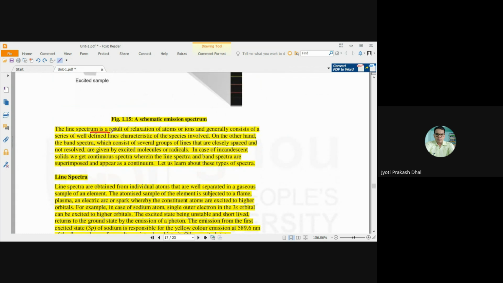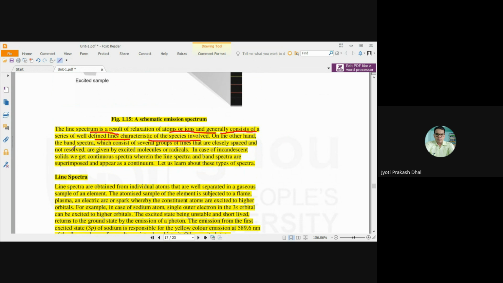The line spectra are a result of relaxation of atoms or ions, and generally consist of a series of well-defined lines characteristic of the species involved.